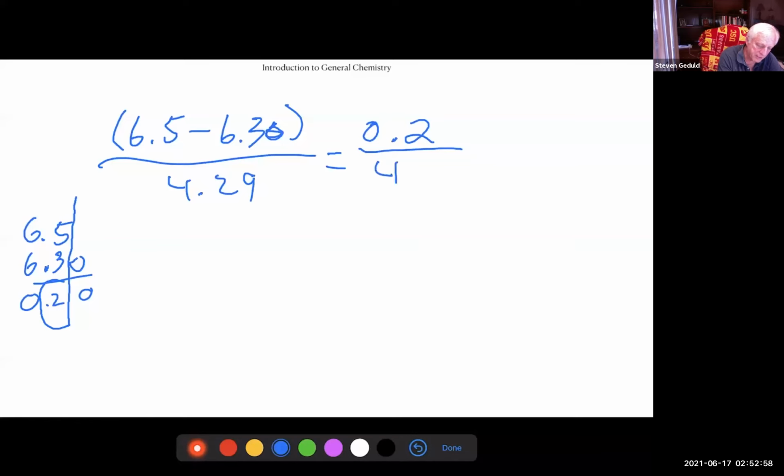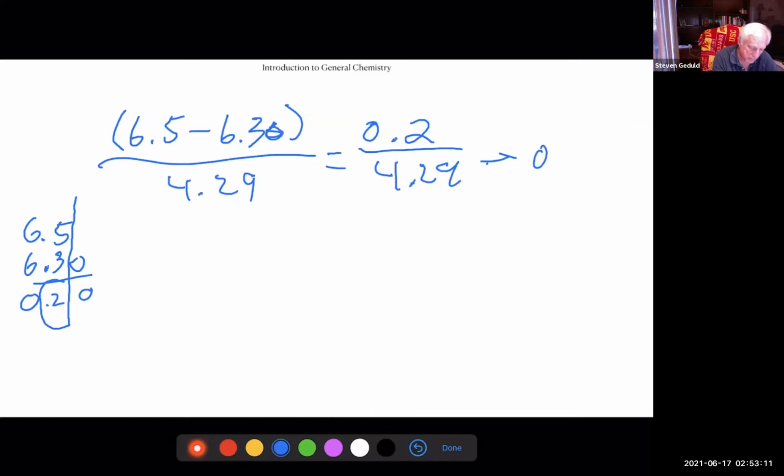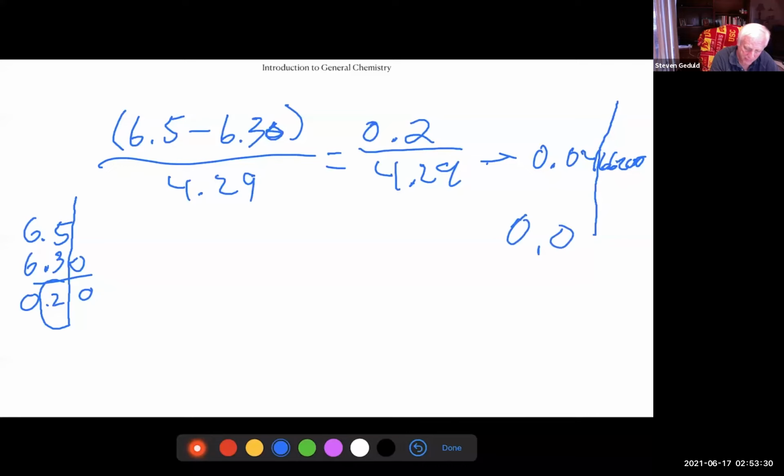You're only good to 0.2. Divided by 4.29. So you take 0.2 divided by 4.29 comes out to 0.04662005. You're good to one significant digit. You're good to right here. So 0.05, because that number is greater than 5, would be your answer.